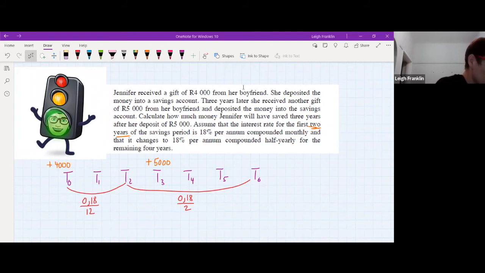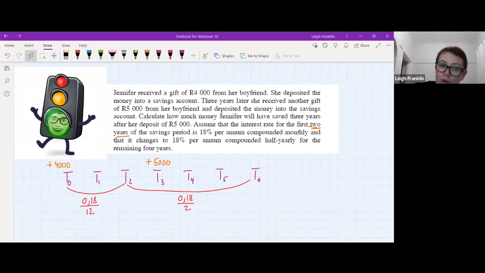Excuse me, ma'am. I'm kind of confused. So are we supposed to add what Jennifer got after 3 years from the 5,000? Then we add it to the... Absolutely, Cabello. Okay, so we do have to add that. All right, but it's the 4,000 rand that's in the account that has to stay in the account all the way through to the 6th year.